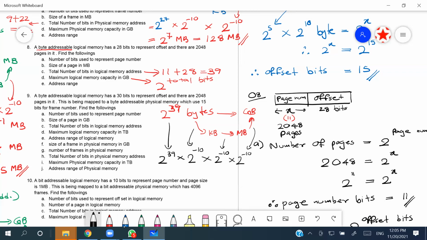So that gives you 2 to the power 9 gigabytes, which is equal to 512 gigabytes. Right, so that is the maximum logical memory capacity, and the address range is going to be 0 to 2 to the power 39 minus 1.